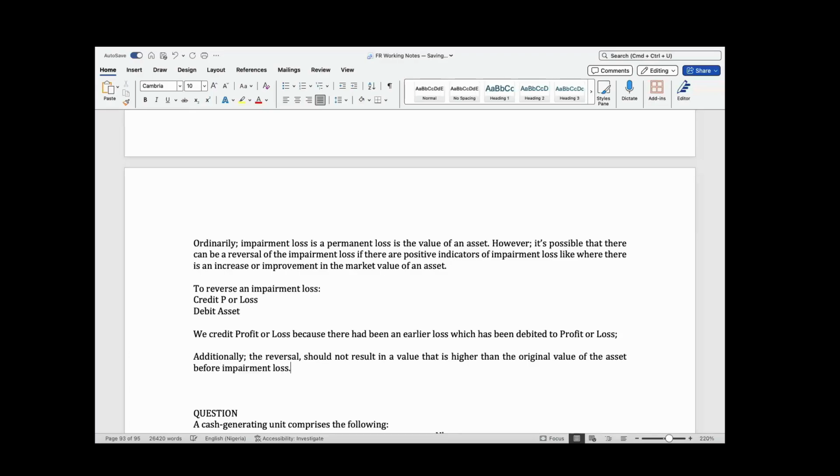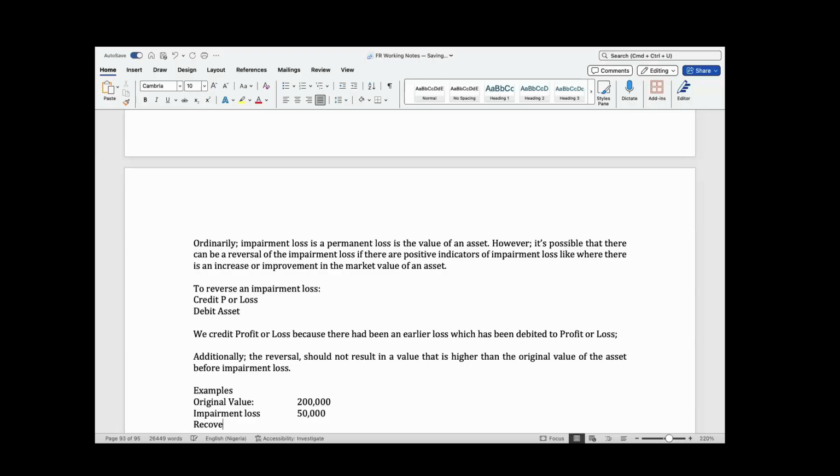So when you reverse, you don't expect that the new value is higher than the original value of the asset before the original impairment loss. For example, let's say the original value of an asset was 200,000. There was an impairment loss of 50,000. So you brought the asset down to its recoverable amount.